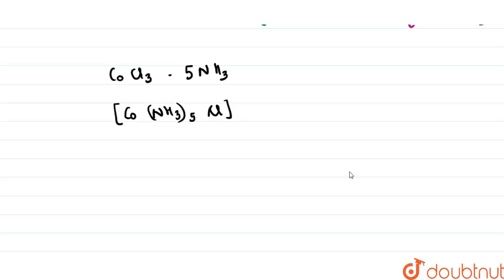We have to include Cl because we have to maintain the coordination number of cobalt to be 6, and outside this sphere we have Cl2. This Cl is ionizable, and these are primary valency. And these 5 NH3 ligands correspond to our secondary valency.